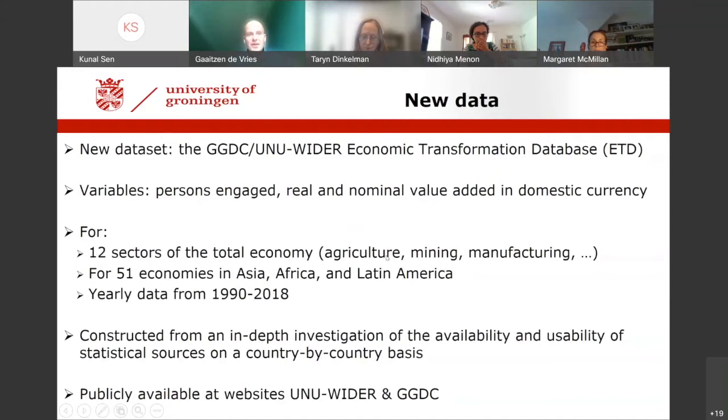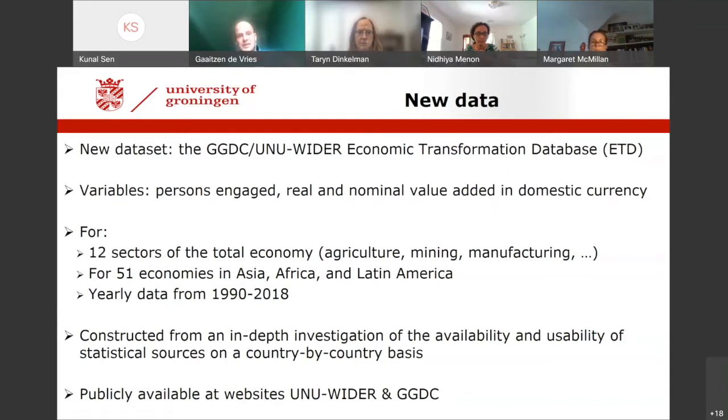It's the ETD in short, and it has consistent time series information on real and nominal value added in local currencies, as well as persons engaged. It shows those numbers for 12 different sectors of the economy. These are the broad sectors of the total economy, including manufacturing, but also distinguishing various services, in 51 economies in Asia, Africa, and Latin America, with yearly data from 1990 to 2018.